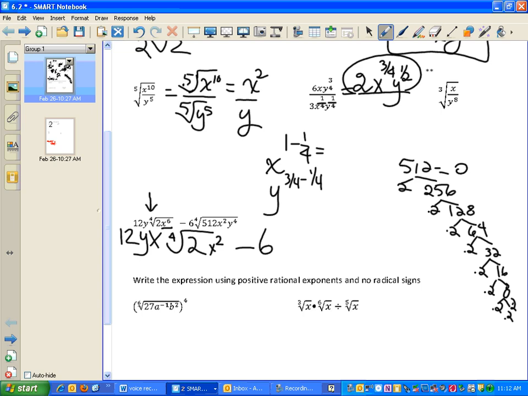So this is 2 to the 9th. So I need them in groups of how many? 4. How many groups of 2's are in 2 to the 9th? 2 groups, right? So I'm going to take out 2 2's. I'll take out 1 2 and another 2. And underneath, I have how many 2's left? A little lone 2.